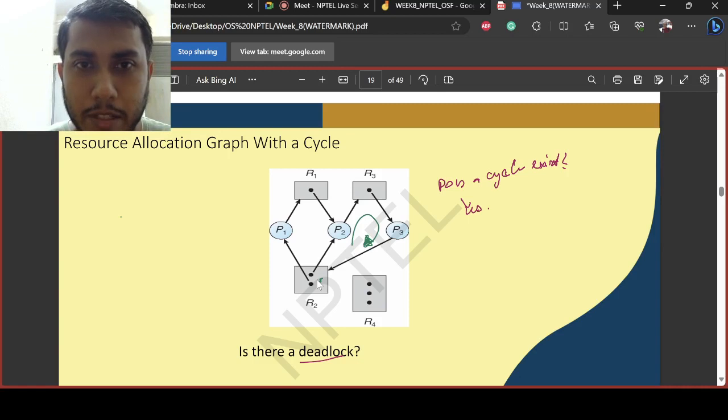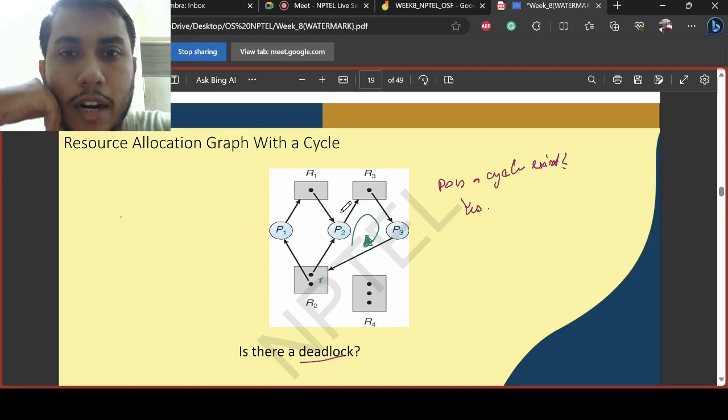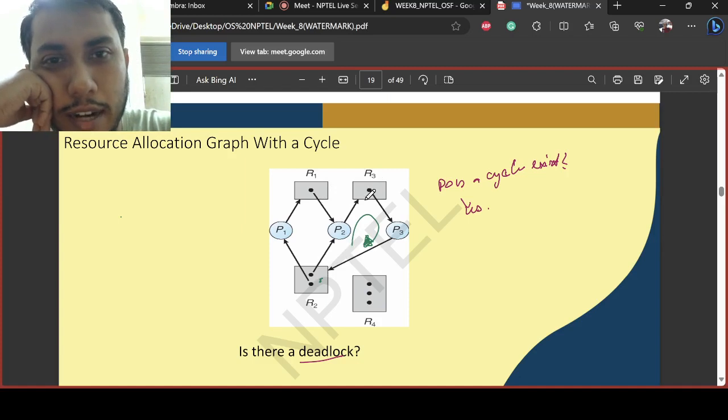So what happens here? P2 is currently holding on to R1 and R2, and it needs R3. So P3 cannot fulfill it. P1 also cannot complete it because it needs R1, which it doesn't have, but it has R2, and R2 is currently held.